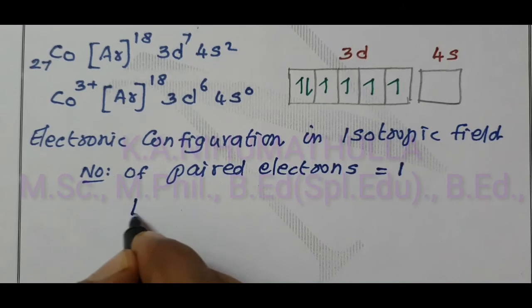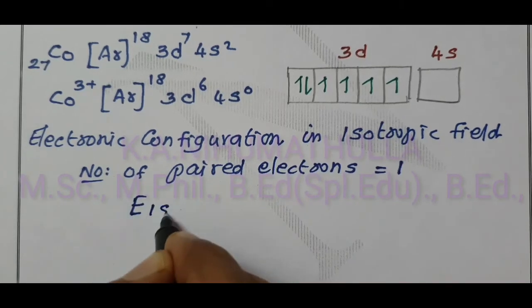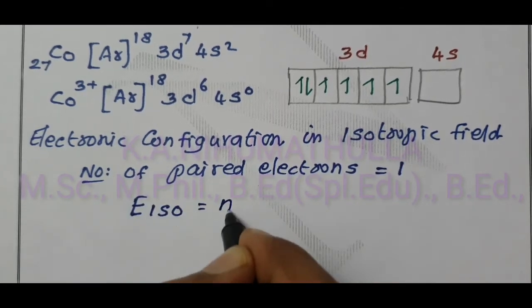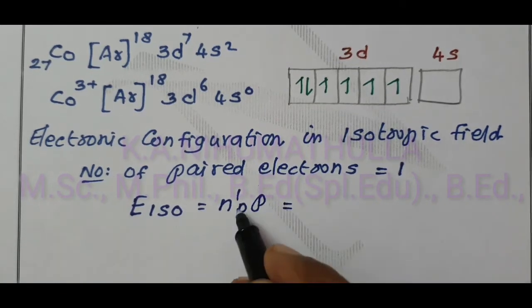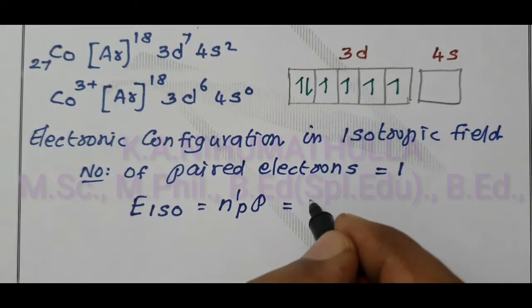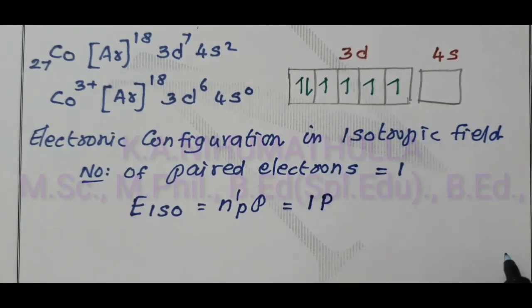The formula used to calculate the isotropic field energy is n_p times P, that is the number of paired electrons, 1, into the pairing energy.